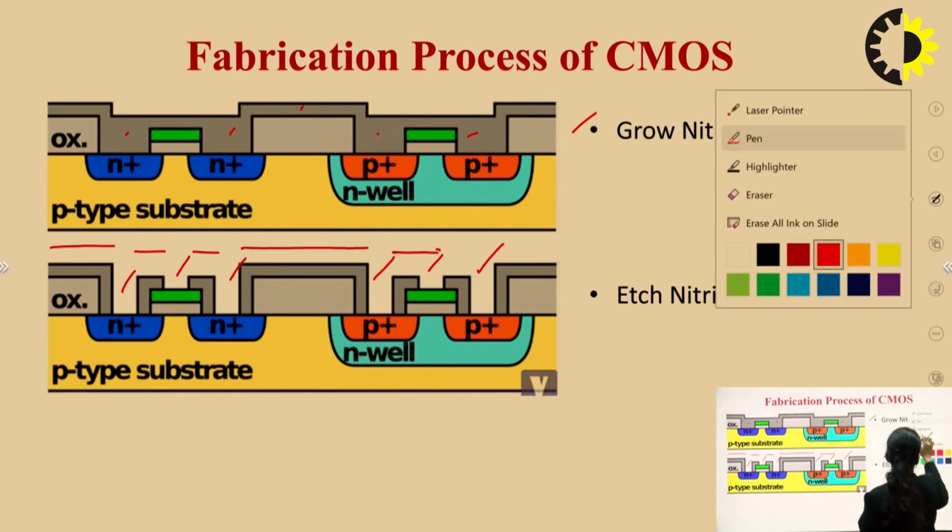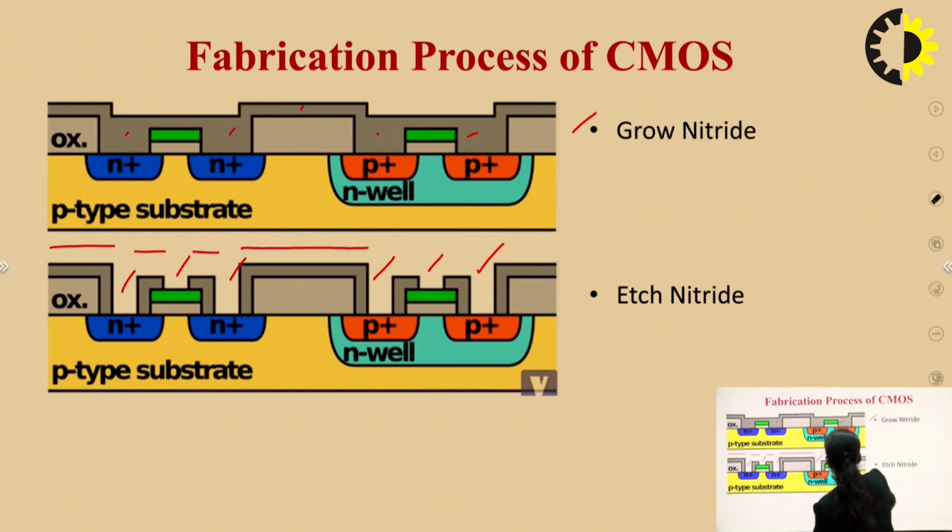The ultraviolet radiations will pass through this and make these areas soluble, and the nitride can be removed. So here the nitride layer has been removed using the solvent.